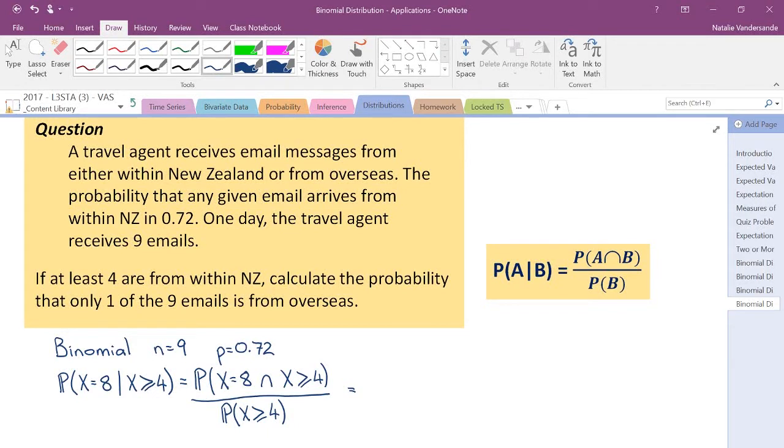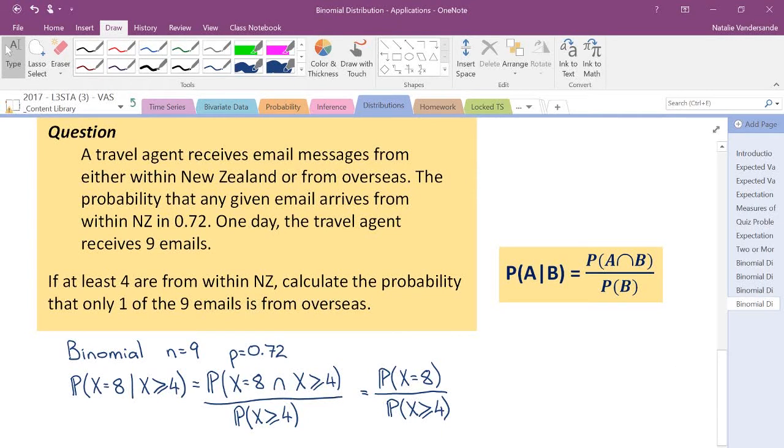Now, just the x equals 8 part actually satisfies both of those parts, so we can simplify it down and it becomes this. So these are the two probabilities we need to find using the binomial distribution part of our calculator. So let's work on that now.